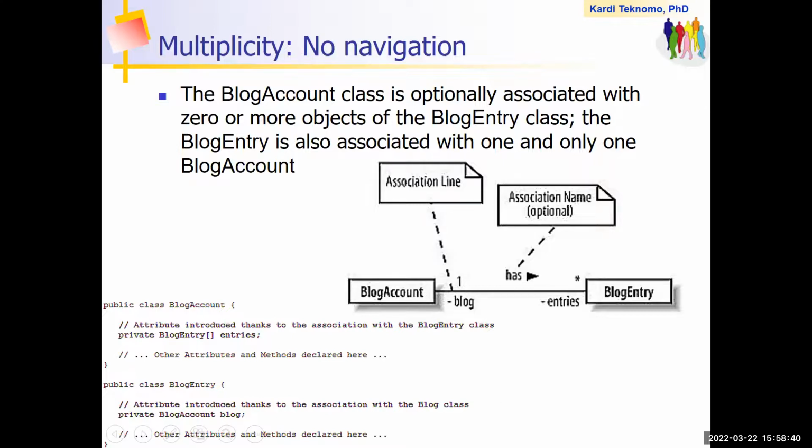How about this one? Can you read this? One block account has how many block entry? Many. But each block entry only has one block account. That's the meaning of multiplicity there.